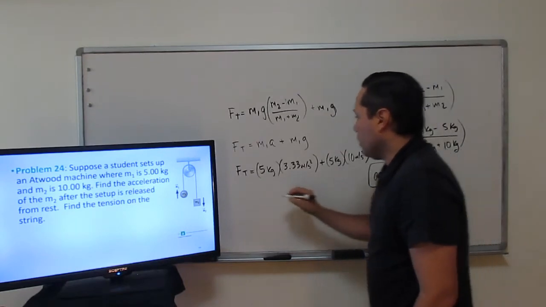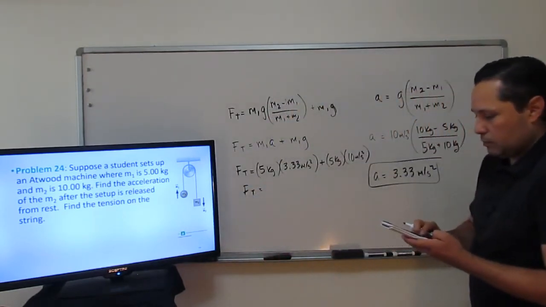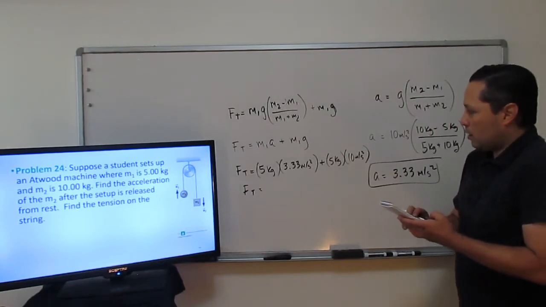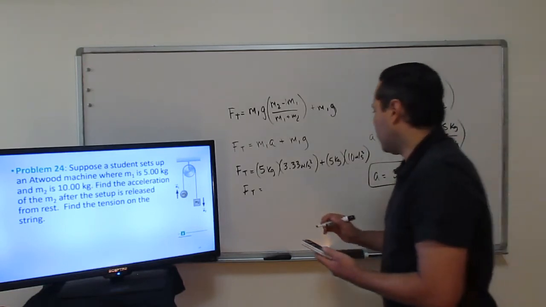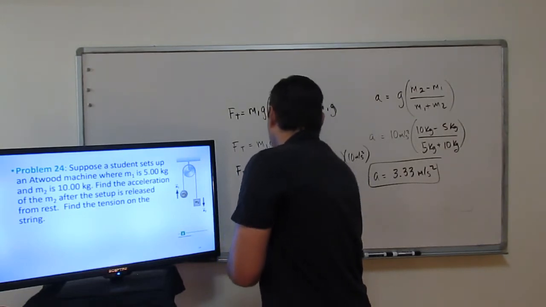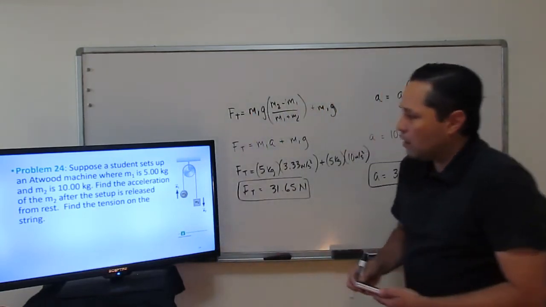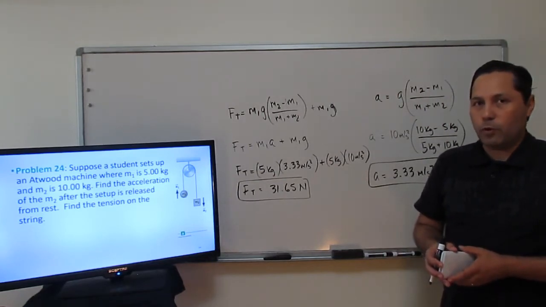Let's plug all of this into our calculator and see what we get. 5 times 3.33 plus 15. Force tension would have been 31.65 newtons. Alright, so that takes care of example number 24.